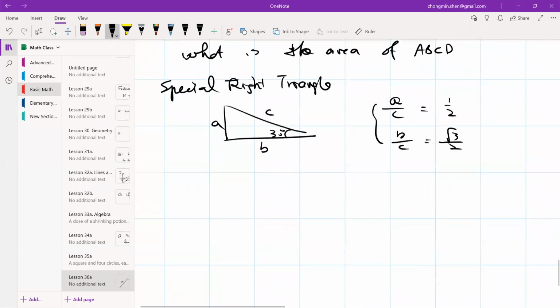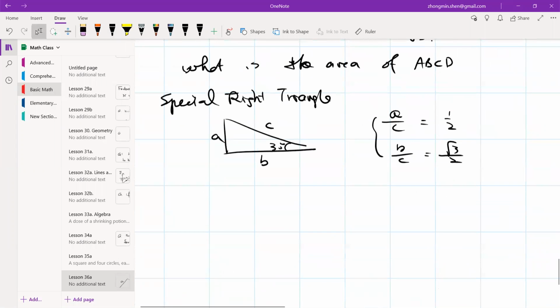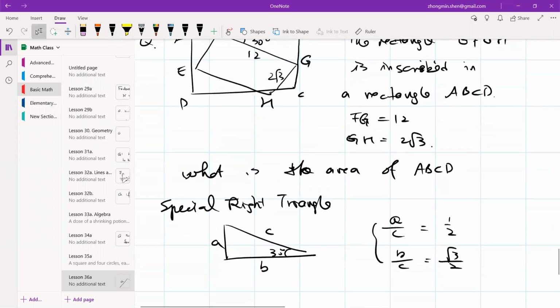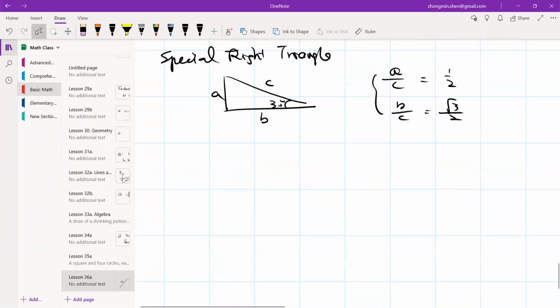Yeah, let's draw the picture again. Can you see the problem? Let me redraw the picture.